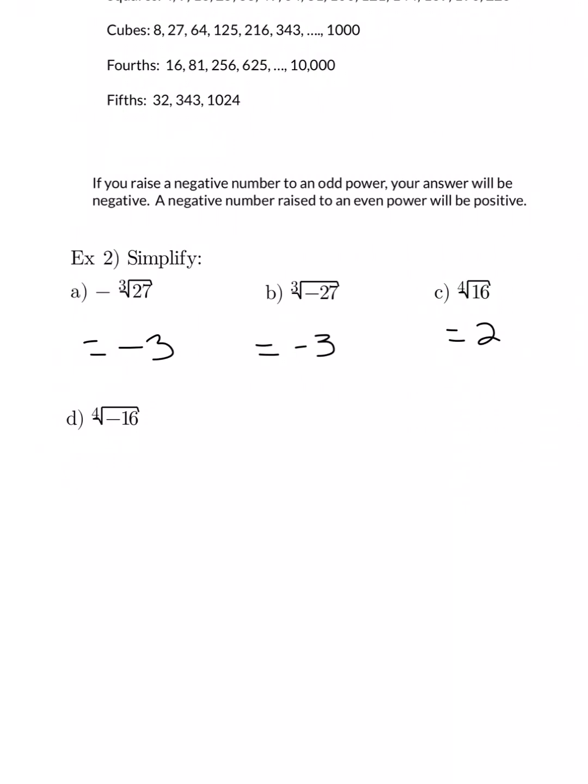When you are looking at an even root with a negative inside, there is nothing that you can multiply times itself 4 times and get a negative answer. Multiplying 4 times will always be a positive. What we write in this case is not real.